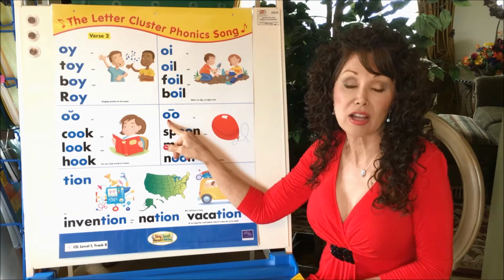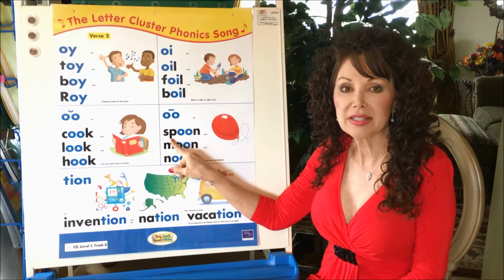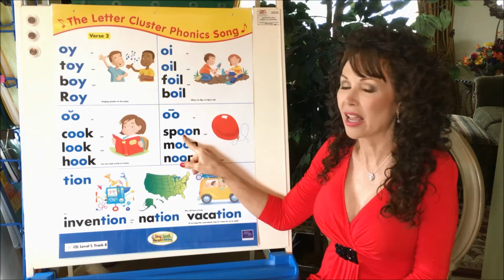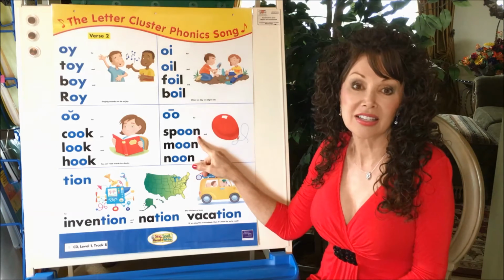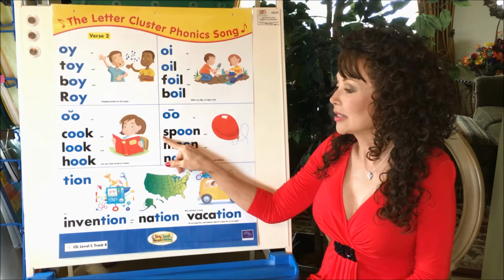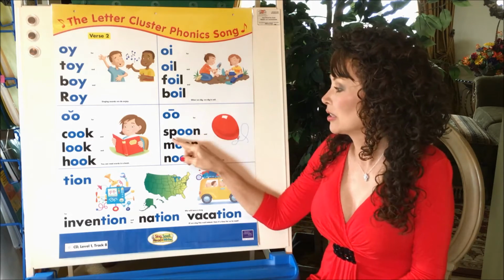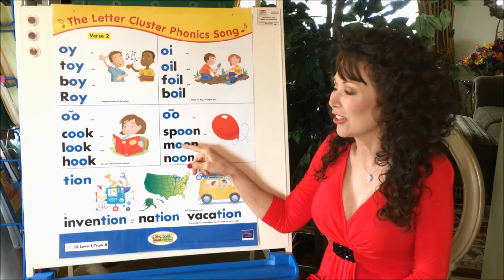Now the long sound, oo, for, what sound is SP? That's right, sp. What sound? Ooh. What sound? Say it slowly. Spoon. And say it fast. Spoon. Good.